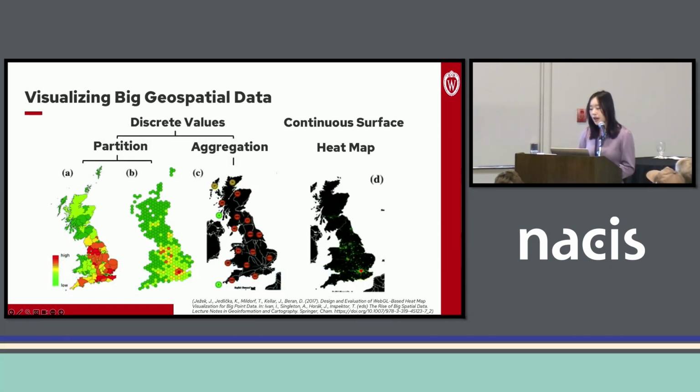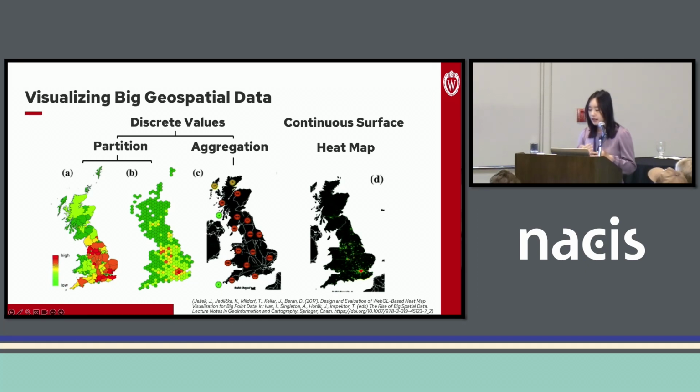Heat maps play a unique role in visualizing large geospatial data sets because they offer a different approach compared to traditional methods. When visualizing massive amounts of data points, we typically rely on two main strategies. The first is to aggregate and sample the data, like the figure shown in 1C. The second is to partition the space into disjoint areas and aggregate the data within each region.